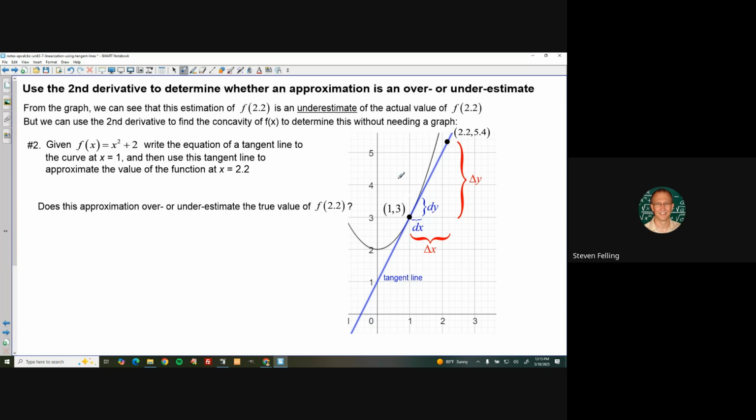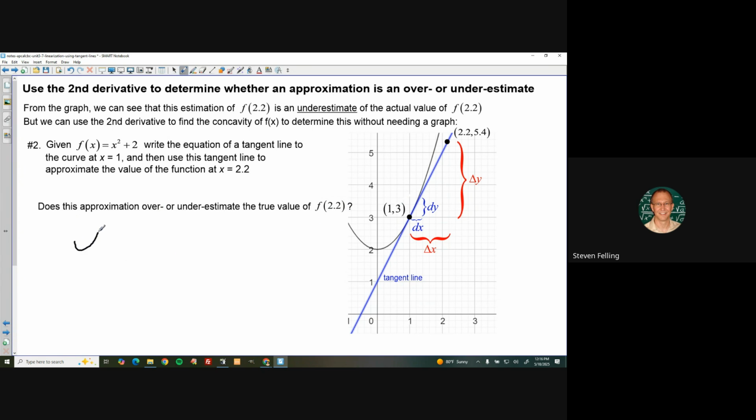Okay, here is another question. Does this approximation over or underestimate the true value at 2.2? For that, we have to consider the curvature, right? Now we can see that this function curve is concave up.